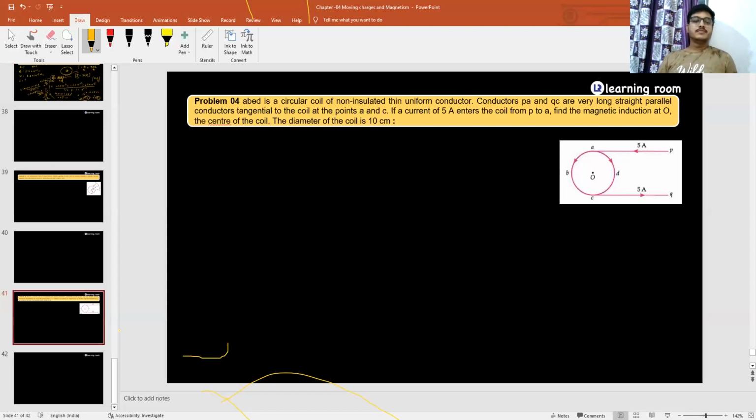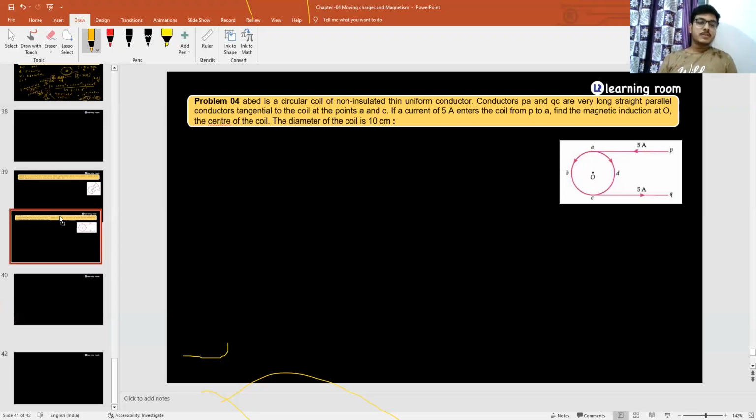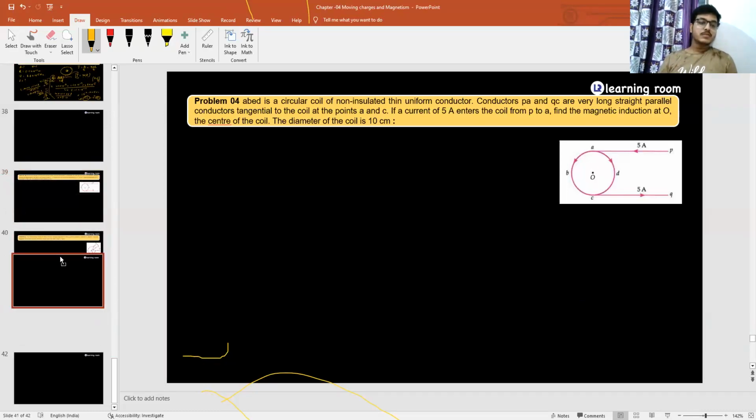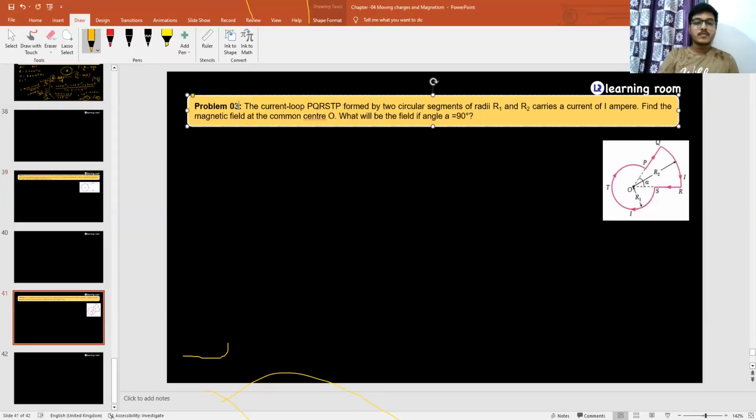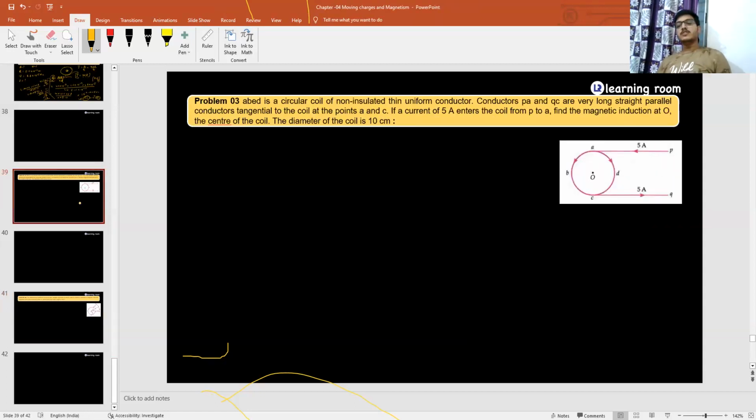This is a good question. Let me keep it before this. Try to solve this. What is happening here? Current of 5 ampere is coming from infinity towards the circle, and at point A is getting divided into two parts of the circle like this.